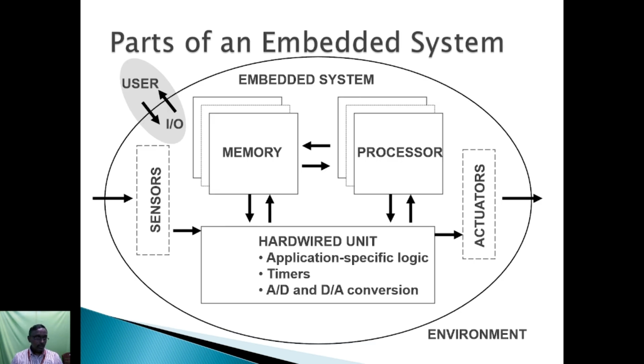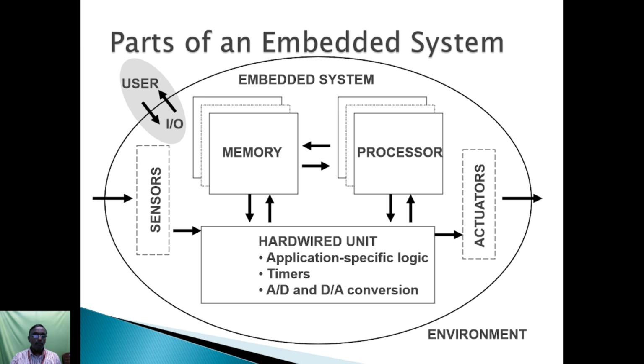Next we are going to the applications. What are the applications of a microcontroller? The microcontroller acts as an embedded system in so many applications. The first one is the sensor. Next is the hardware unit: application specific logic, timers, analog to digital conversion, digital to analog conversion.